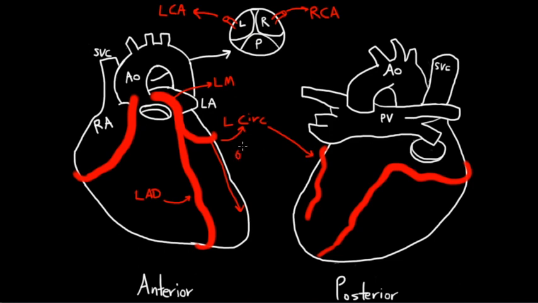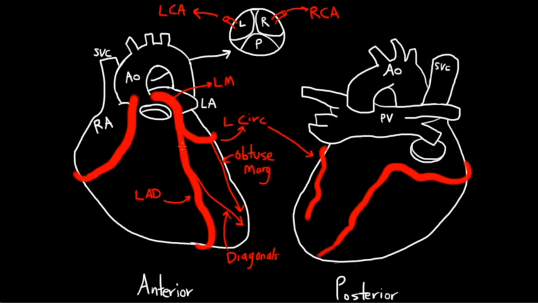So let's write obtuse marg for short. And vessels that come off the LAD, the next in size, usually travel about like that, and they're called diagonals. So I'll just write diagonals there.